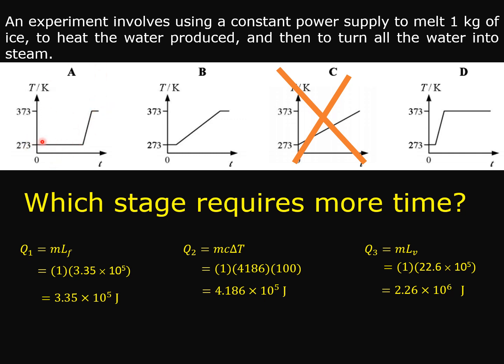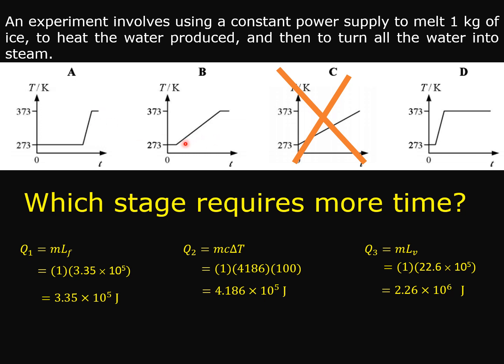We will see that the first stage is longest, and then the third stage is the shortest, which is not the same as the information we get from our calculations. Because from our calculation, the first stage time is the shortest, but in graph A, it is the longest compared to the second stage and the third stage.